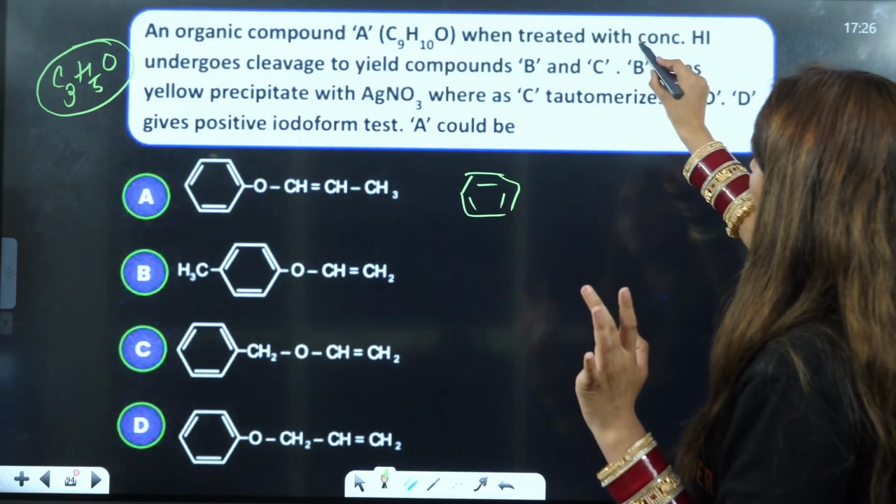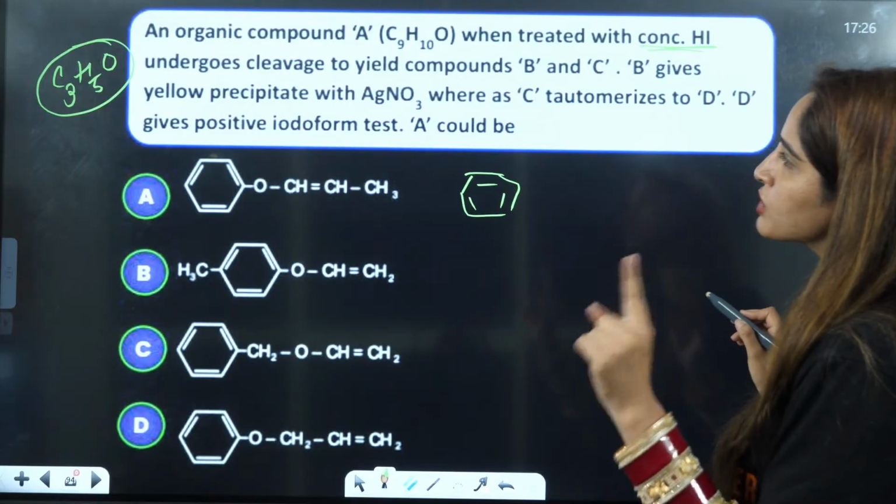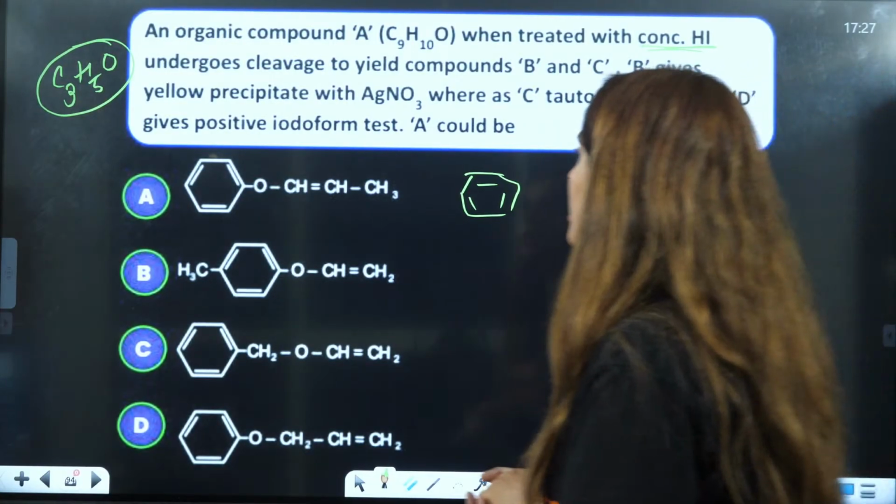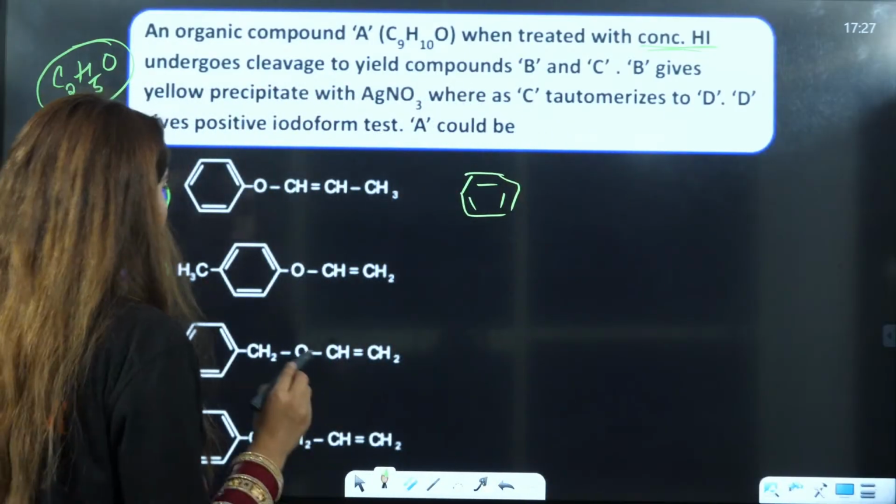When treated with concentrated HI, it undergoes cleavage to yield compounds B and C. Let us see all these compounds here.